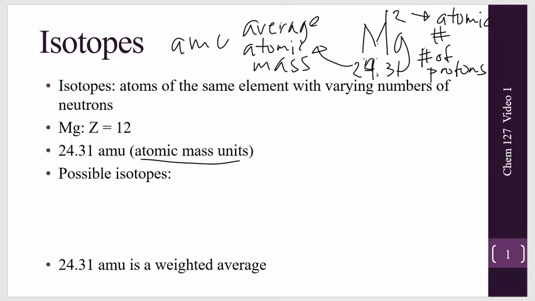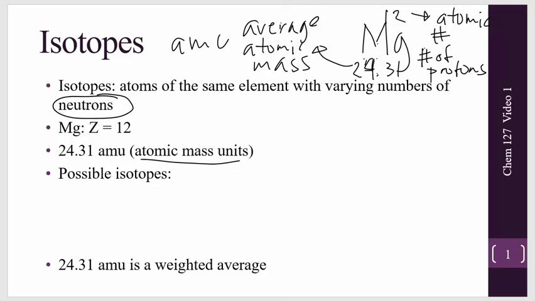It's not close to 24.00 or 25.00. It's a mixture, because there are different isotopes of magnesium, and they vary in the number of neutrons that they have in the nucleus. The number of protons, of course, is unchanged, but we can have different magnesium atoms with different numbers of neutrons. All of these isotopes are then pulled together for a weighted average, which creates the average atomic mass.